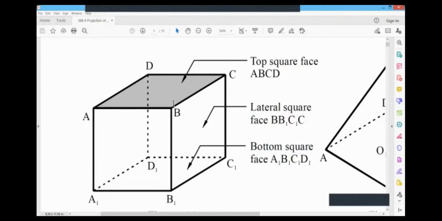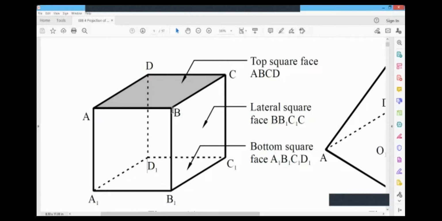A1, B1, C1 and D1. Like this, I am giving 4 names in such a way that ABCD is the name given for the top plane, and A1, B1, C1, D1 is given for the base plane.